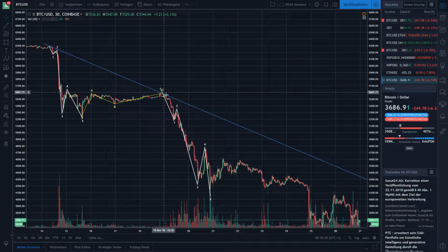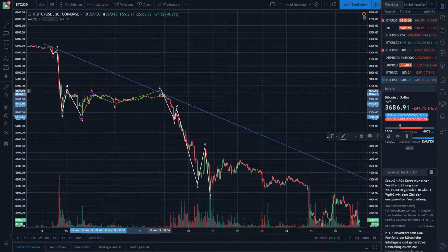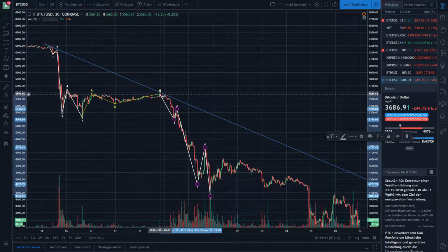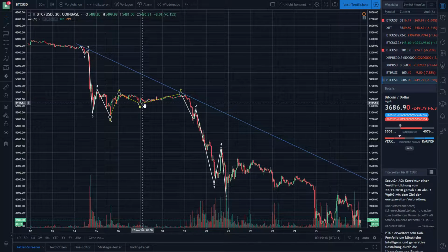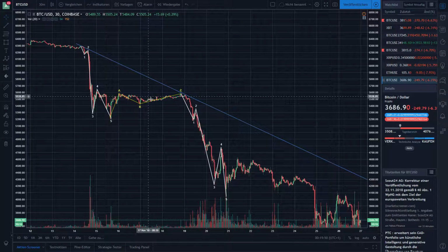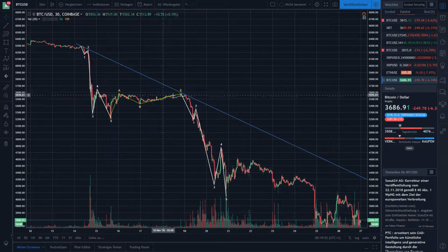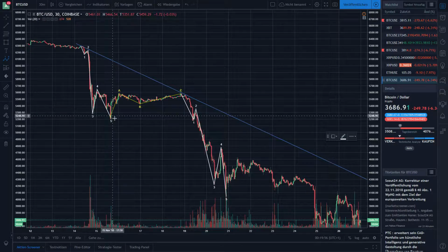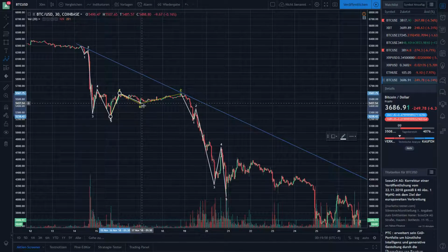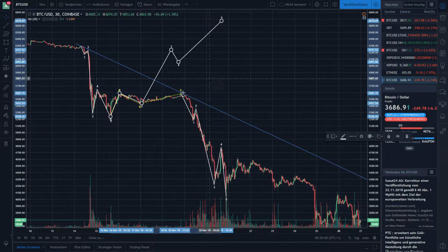I'll count that from here. So we should have known this is not wave 3. We're not going to see this here. Wave 1 coming down, 2. We're going to see 3, 4, 5.